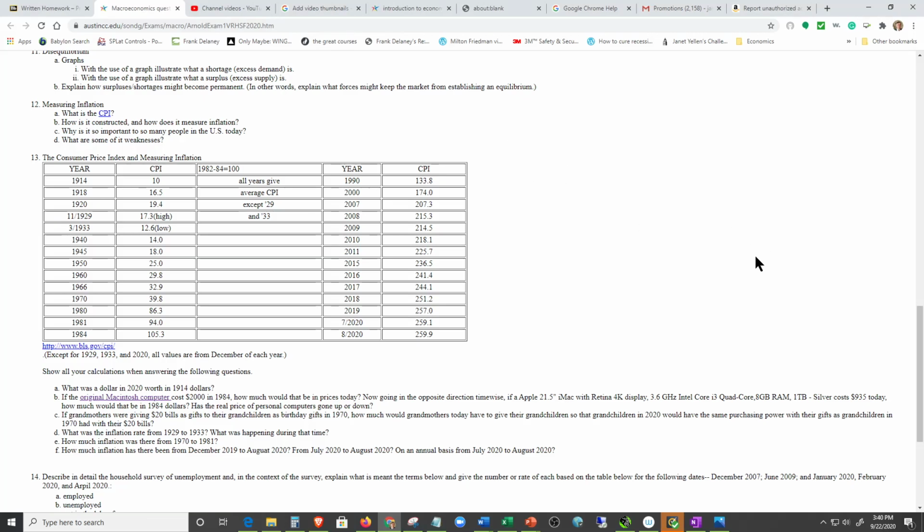I do have an inflation rate from December '29 to March '33. And so that would be, what, 30, 31, 32. That's 36 months plus 4. That's 40 months, a little over 3 years, but that's the rate over 40 months.